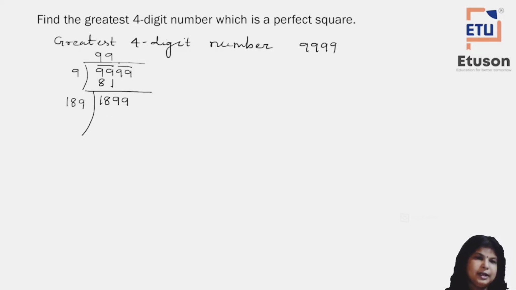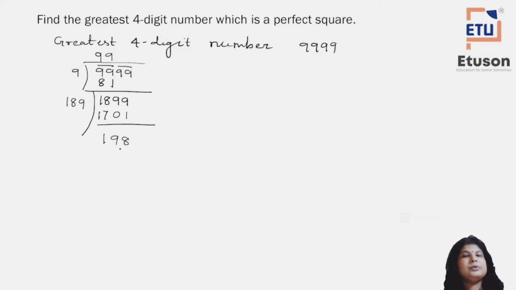So 189 into 9 is equal to 1701, and your answer is 9 minus 1, that is equal to 8, right? So 9 minus 0 is equal to 198, right? So now you see the number which you have got.